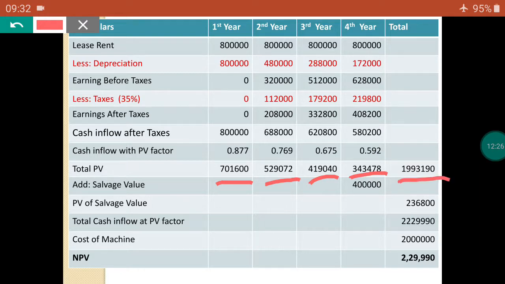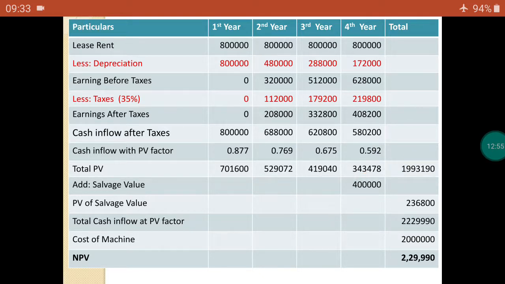19 lakh 93,190 rupees. The total PV present value is 19 lakh 93,190. You should add all the first year, second year, third year, fourth year PV present values. Okay, you can get 19 lakh 93,190 rupees.